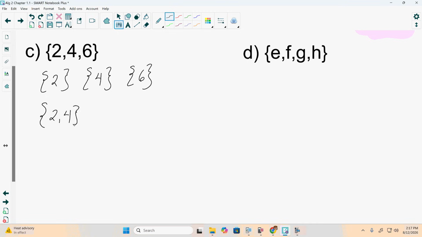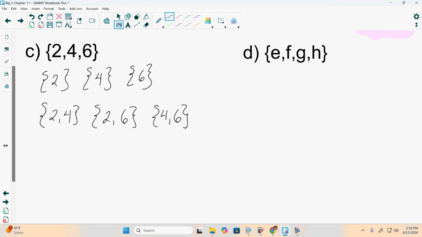{2, 4}. Now, for our case in point, and for this here in subsets, {4, 2}, {2, 4} are the exact same set. So we could have 2 and 4. We could also have what? 2 and 6. You could also do what? 4 and 6. The order in which we list this does not matter. I always start left to right. So {2, 4}, {2, 6}, {4, 6}.